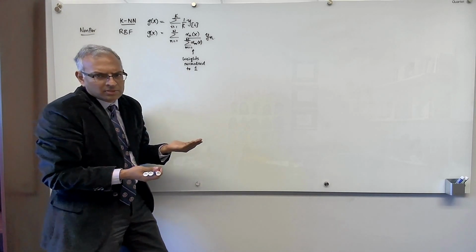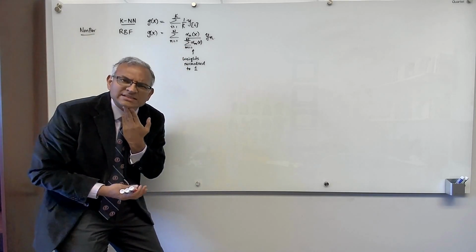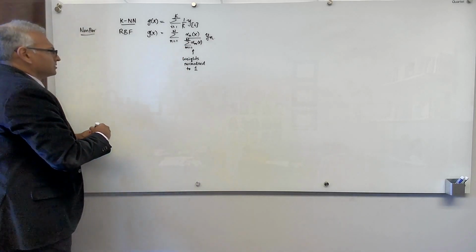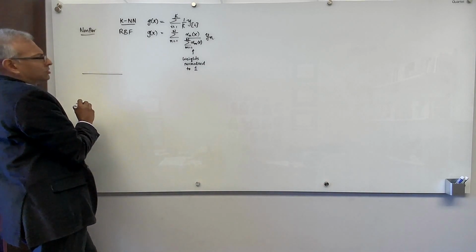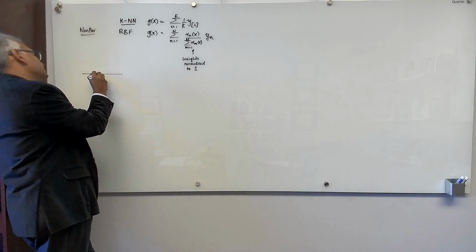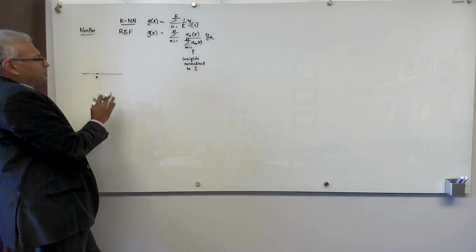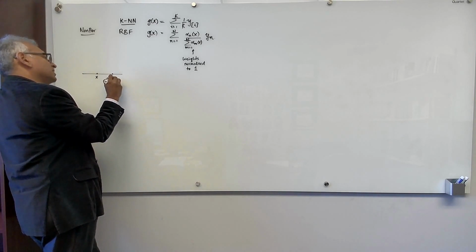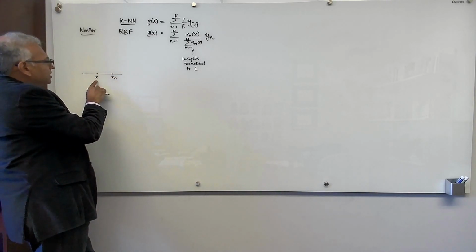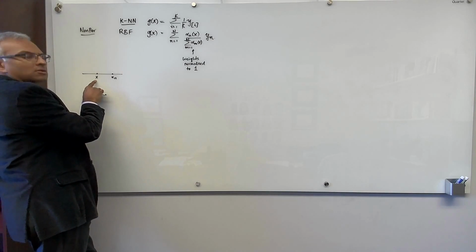The only thing we need to discuss now is, how do we pick the weights? Imagine the following picture. You have your test point x, and your data points are spread across the space, and you have a generic data point, let's say xn. I want to pick the weight that xn has on x.